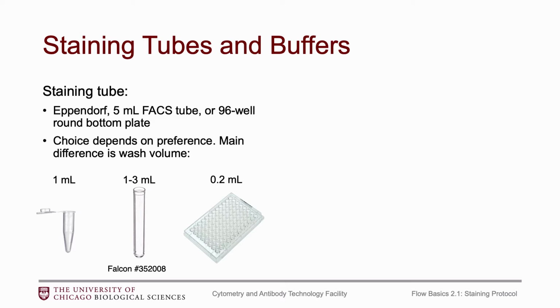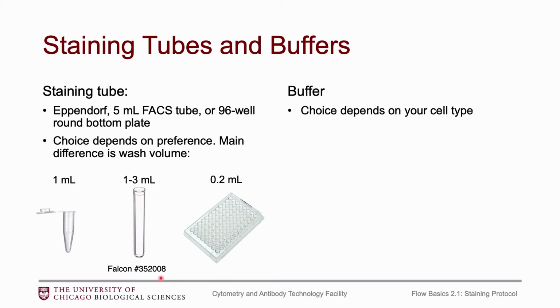Or if you don't want to bother with transferring, then you're going to have to know which type of tube is required for the instrument that you're planning on using. I do have the catalog number here for the 5 ml FACS tubes that we use on our Fortessas. So if you are using the Fortessa, then make sure you order this specific tube type because it does need to pressurize properly.